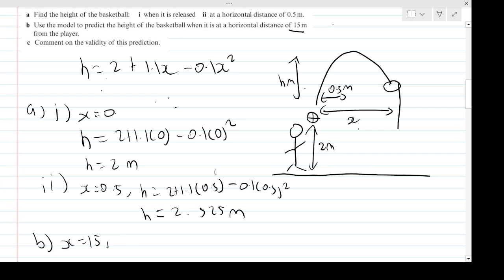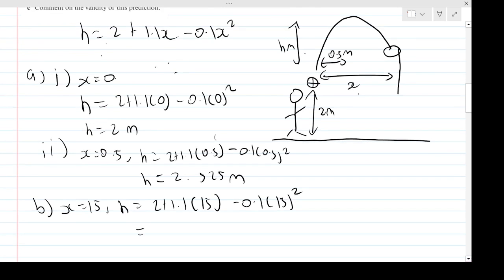And so if we do that, then h is going to be 2 add 1.1 lots of 15 minus 0.1 of 15 squared. And then if we do that, we get -4. Interesting. -4.